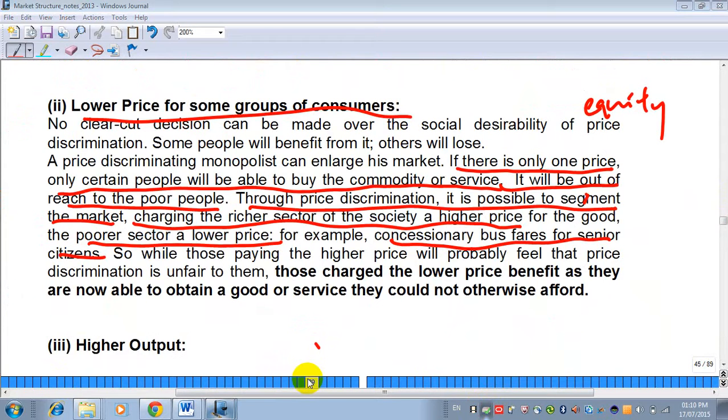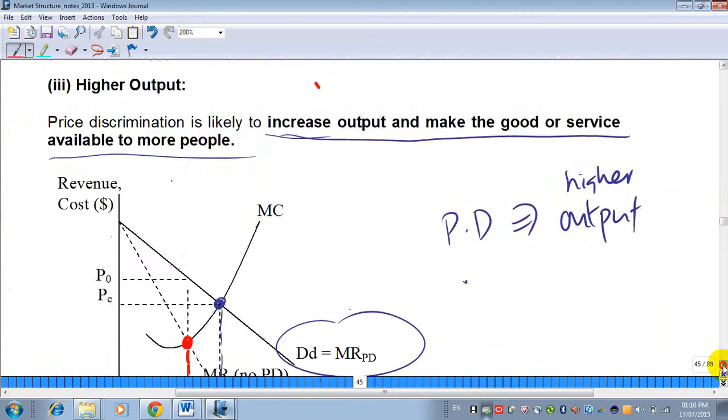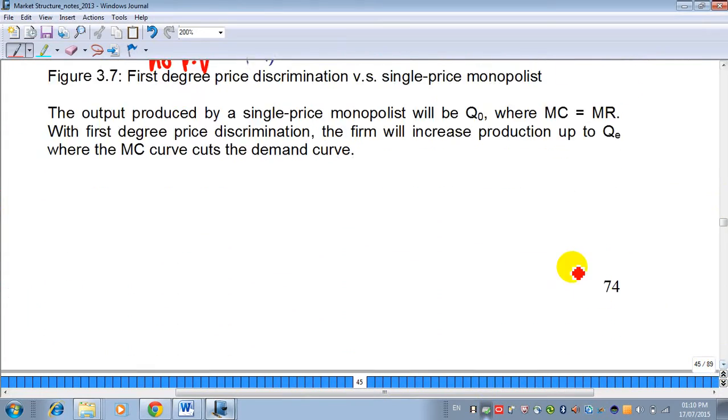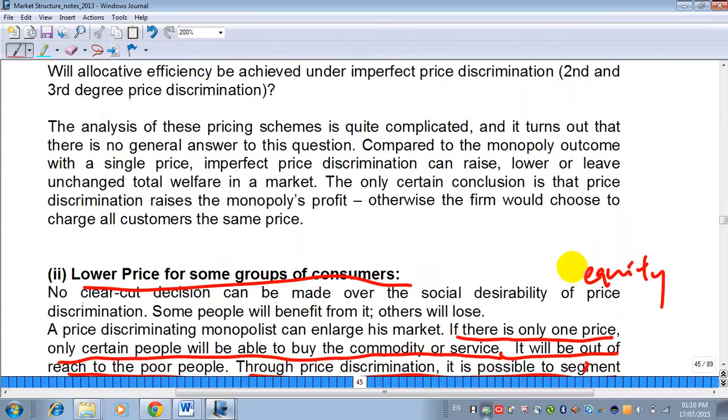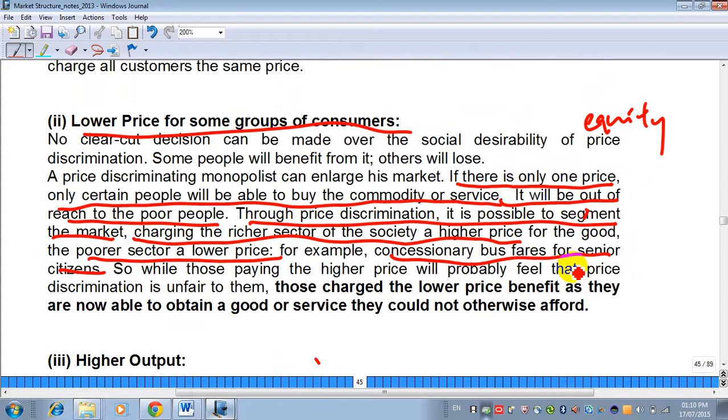Now, when we think about the disadvantages, go back to page 74 of the notes. On page 74, we talked about lower prices for some consumers, but can you add in that there will be higher prices for other consumers as well?